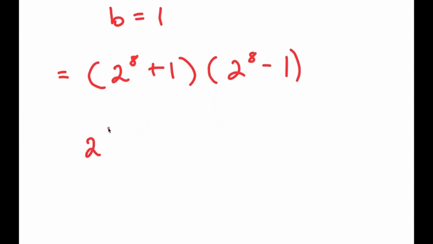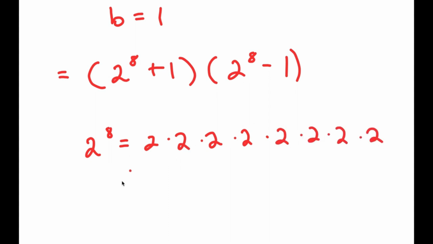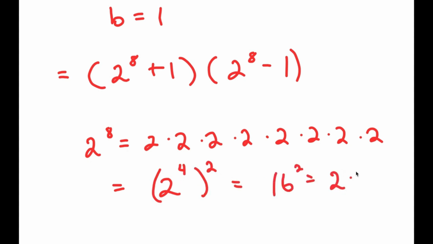Now 2 to the power of 8 is equal to 2 times 2 times 2 times 2 times 2 times 2 times 2 times 2. And this is the same thing as 2 to the power of 4 squared. 2 to the power of 4 is 16, so this is 16 squared, which is 256.